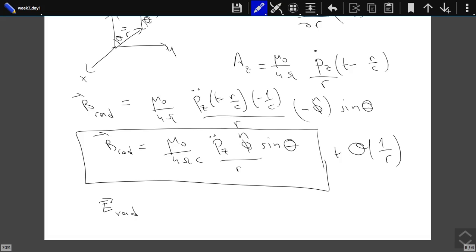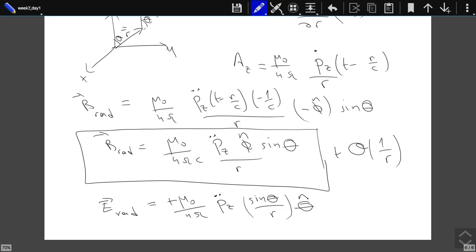It's just taking the position and time derivatives, etc. The electric field in this radiation zone is equal to plus mu0 over 4 pi, pz double dot again, sine theta over r. This is in the theta hat direction.